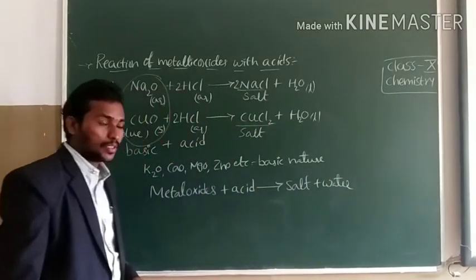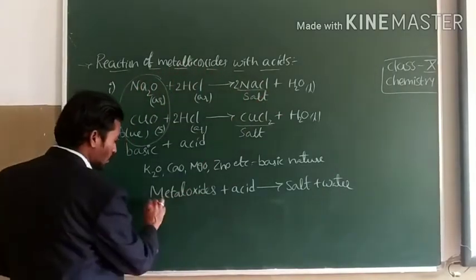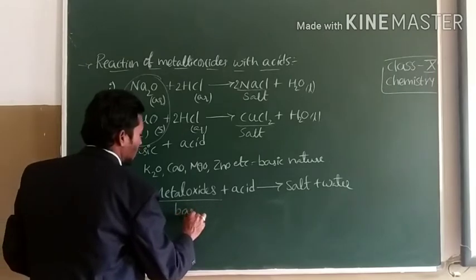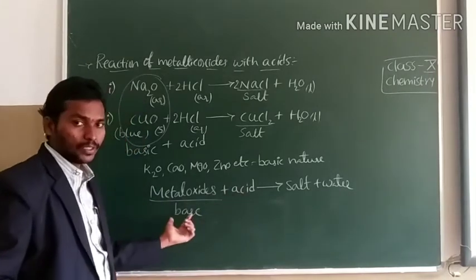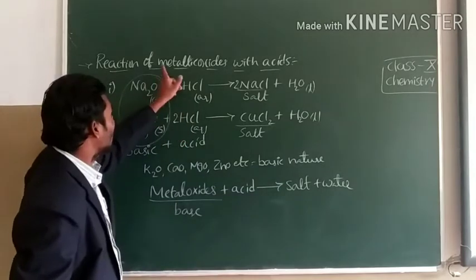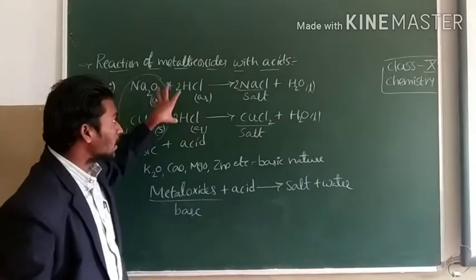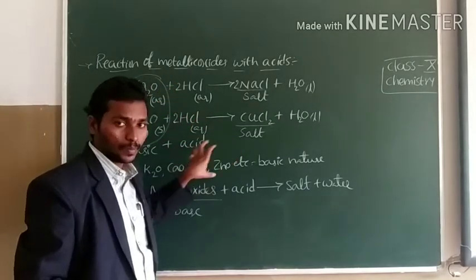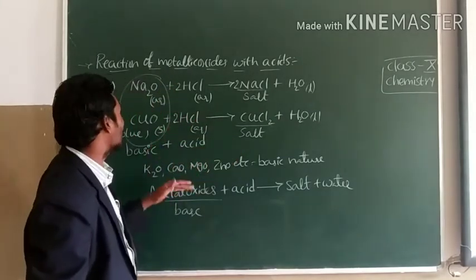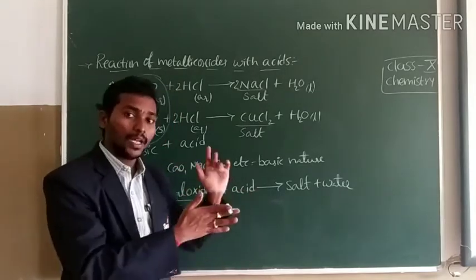This is the general equation of the reaction between metal oxide and acid, because metal oxides are basic in nature, and the reaction between base and acid forms salt and water. This is the reaction of metal oxides with acids. The interpretation of this experiment is that metal oxides are basic in nature. Next, let us talk about the reaction between non-metal oxide and base.